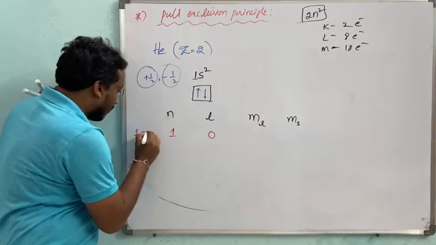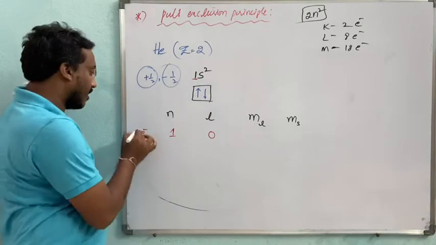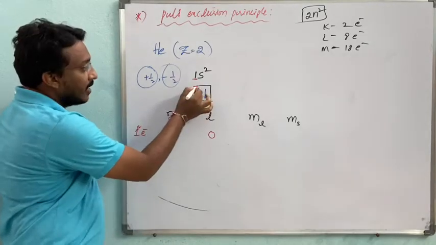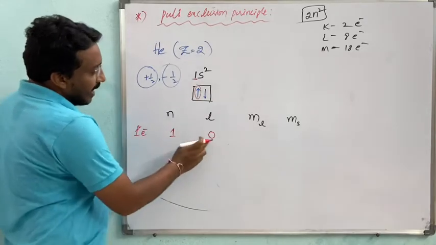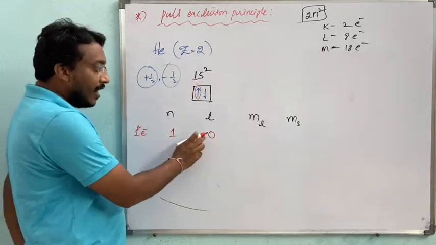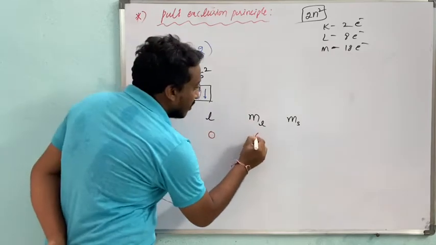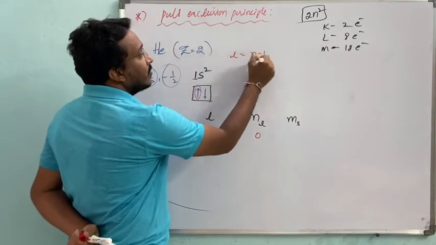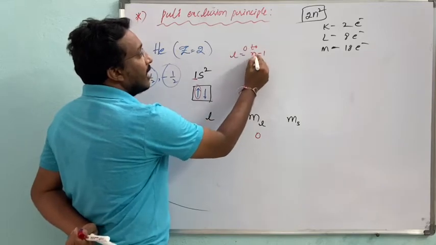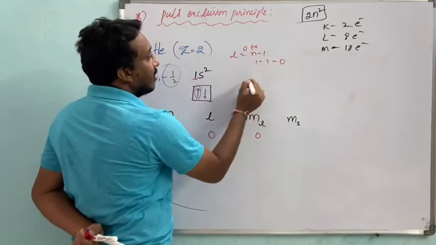Here we are discussing the first electron. n is 1, L equals 0. If L equals 0, M also is 0. How? We have the rule that L goes from 0 to n minus 1; n minus 1, 1 minus 1 equals 0, so finally 0 only.